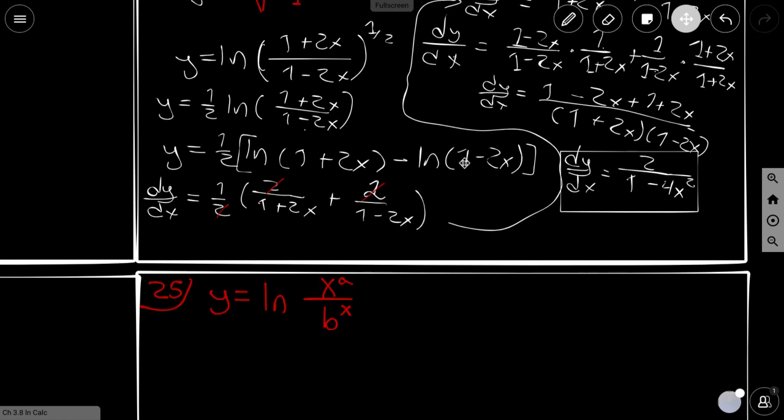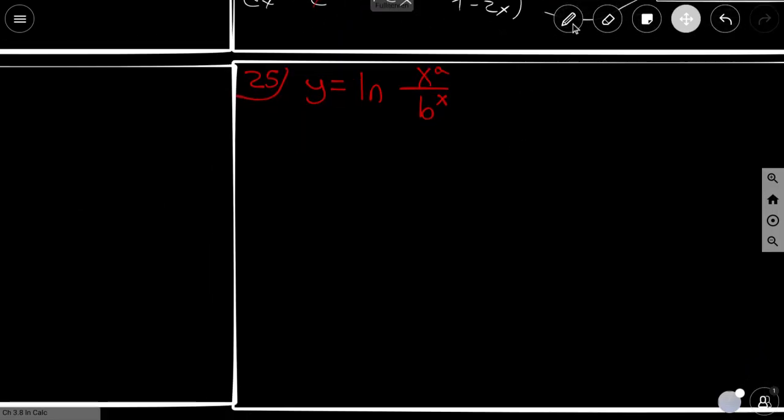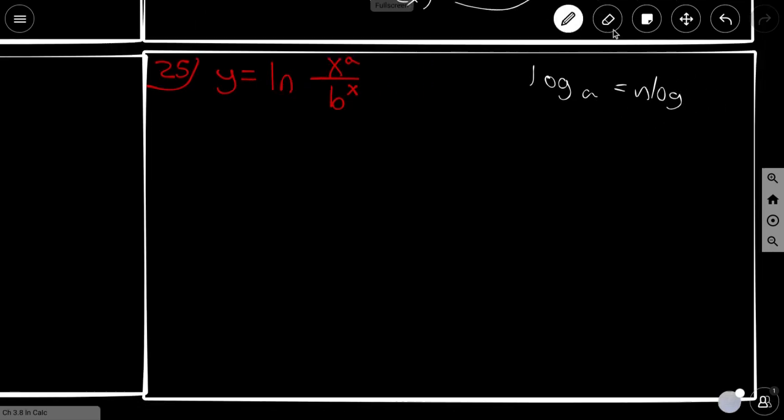Okay. This one. Let's go. So I'm just going to be using this rule. N log A. I wrote the rule earlier with B, so I'll go ahead and use B again. Oh, it's sloppy.